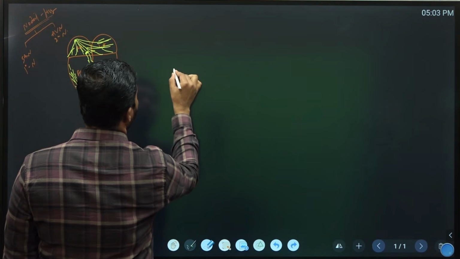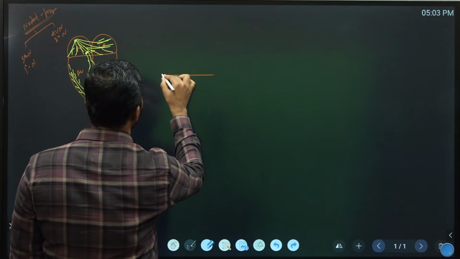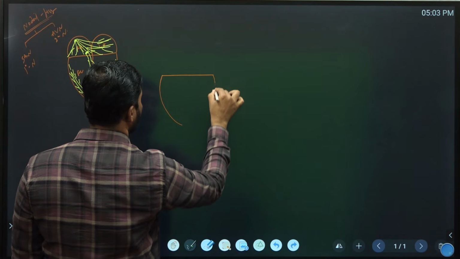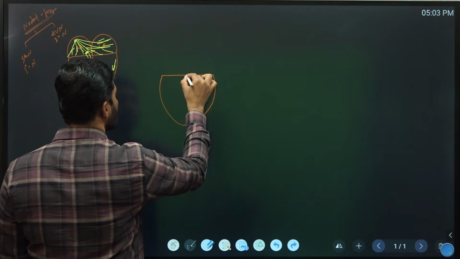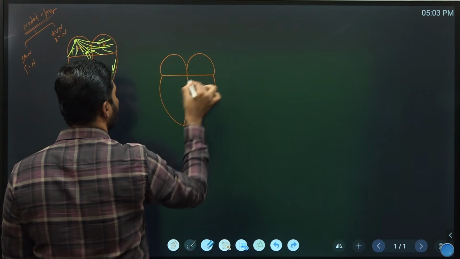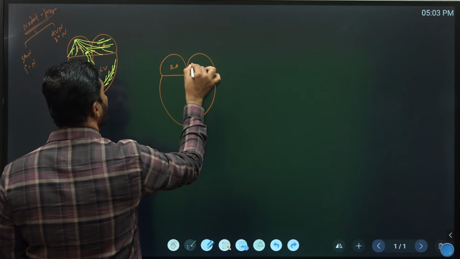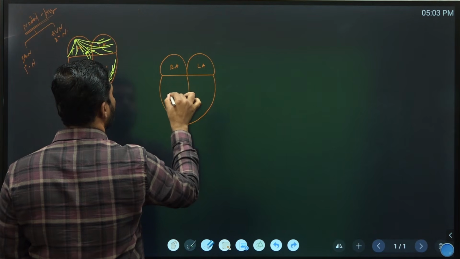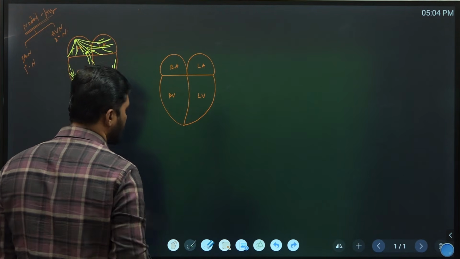Now the heart. Before the auricle systole, what happens exactly? This is the human heart with four chambers: right atria, left atria, right ventricle, left ventricle.